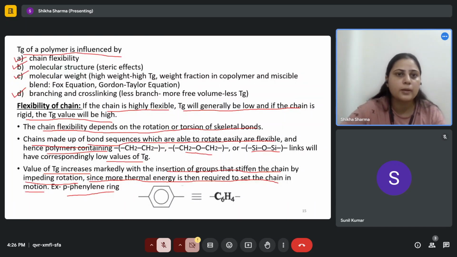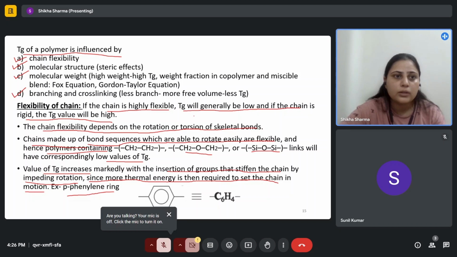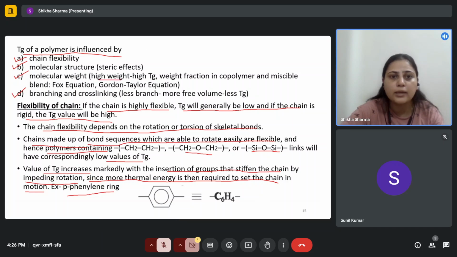Also, the Tg value depends on the molecular weight. If the molecular weight is higher, then the Tg will be higher. And we can calculate the weight fraction in the copolymers and the miscible blends using the Fox equation and the Gordon-Taylor equation.